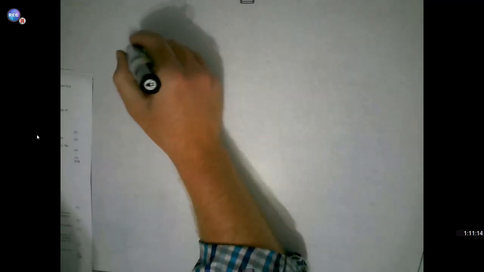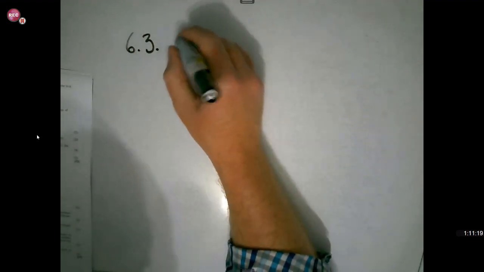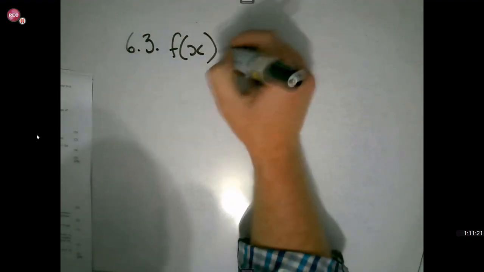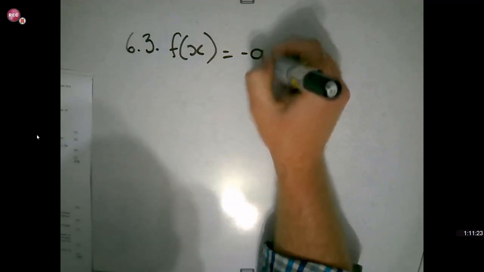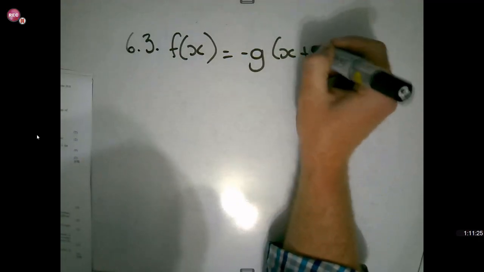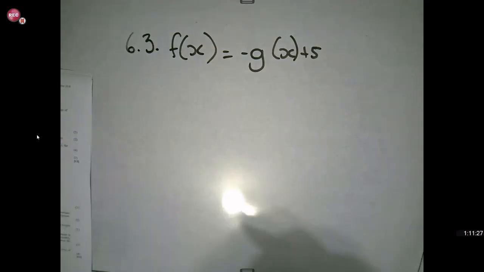Then 6.3 says, write the equations of the asymptote of f if f(x) is equal to negative g(x) plus 5. So this is 6.3. Let me just write f(x) equals negative g(x) plus 5.